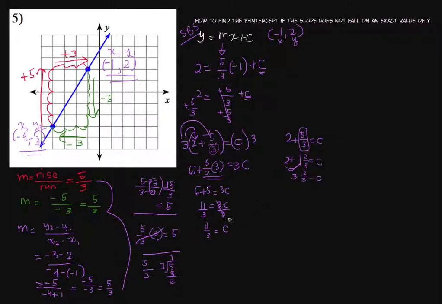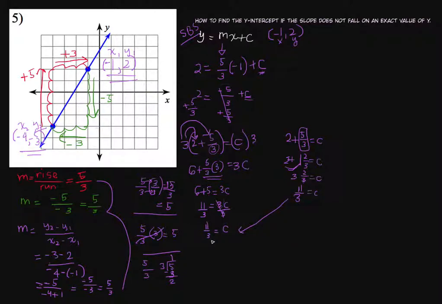But miss, it's not the same. Okay, let's check. Can I make this back into a fraction? Sure. How do you do that? Multiply the denominator by the whole number. So 3 times 3 is equal to 9, and then add the numerator. So 9 plus 2 is 11, and the denominator is the same.